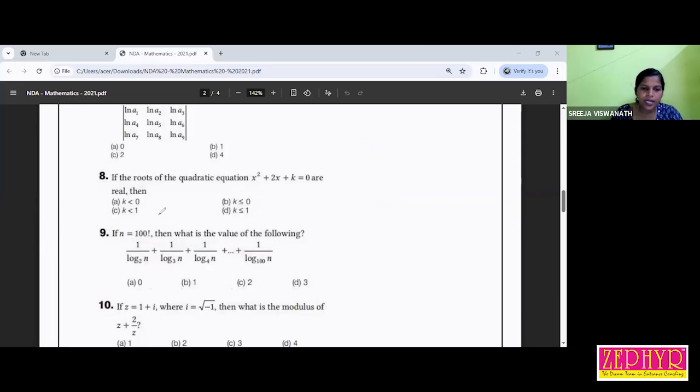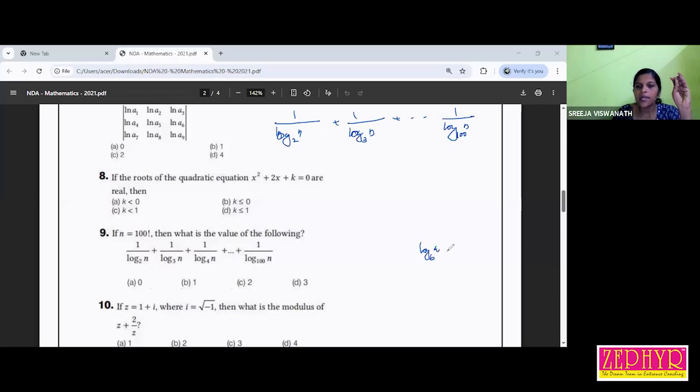If n equal to 100 factorial, what is the value of the following? 1 divided by log n to the base 2 plus 1 divided by log n to the base 3, etc., 1 divided by log n to the base 100. How can we solve? What is 1 by log a to the base b?